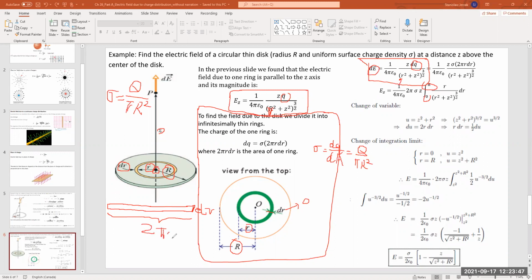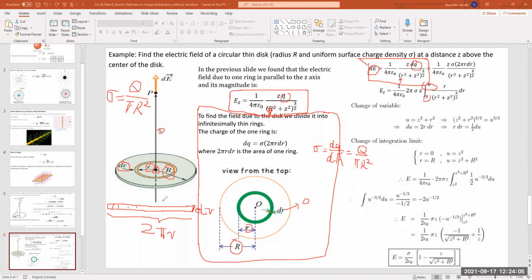So as I'm saying, cut that green ring with the scissors and make it straight. Then you get a rectangular area, for which one side of the rectangle is equal to the thickness of the ring dr, and the other is 2 pi r.